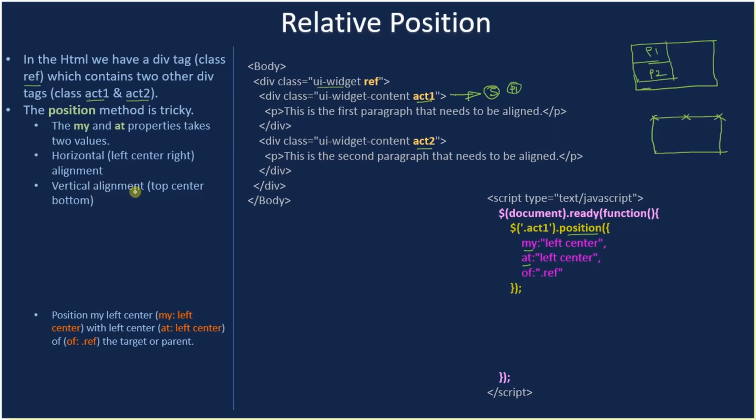And when we talk about vertical, top, bottom, center. So horizontal, once again, left, center, right; vertical, top, center, bottom. By mixing these two, you can make the alignment.